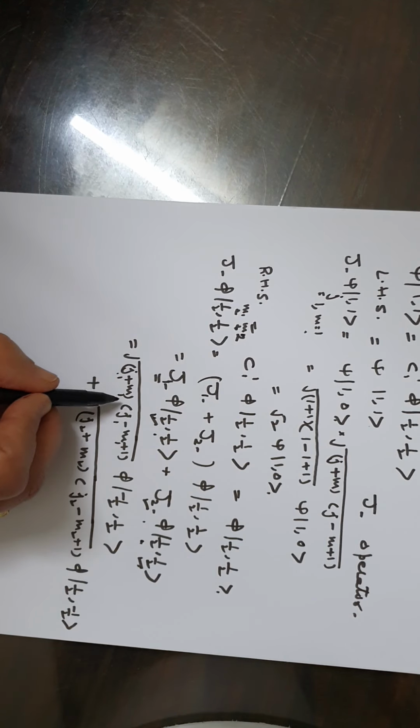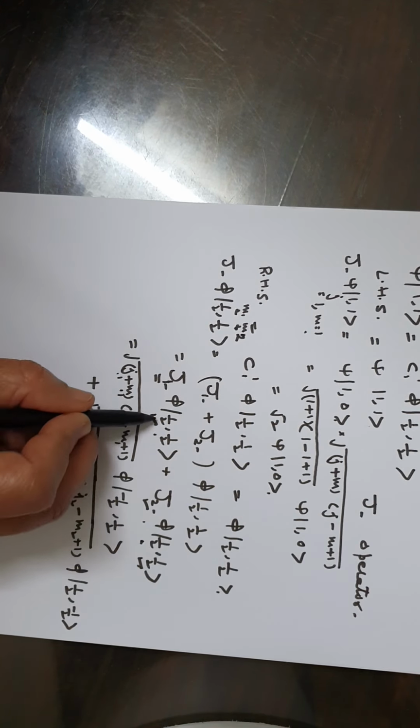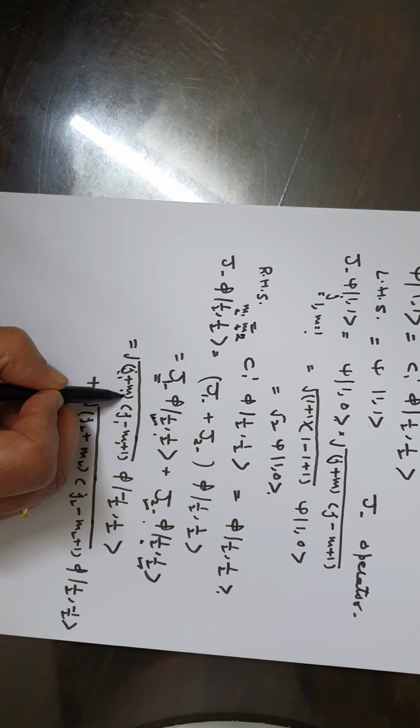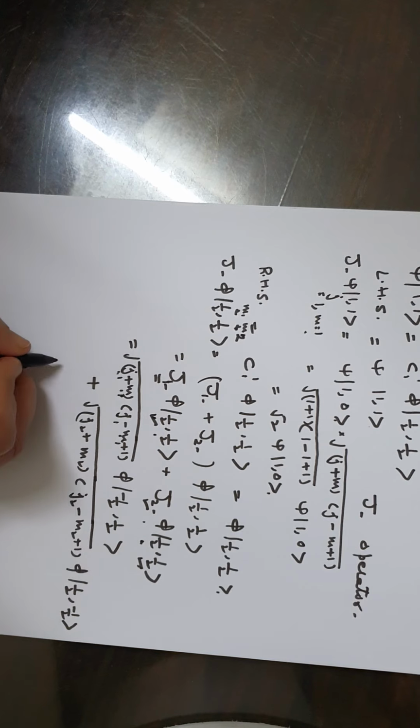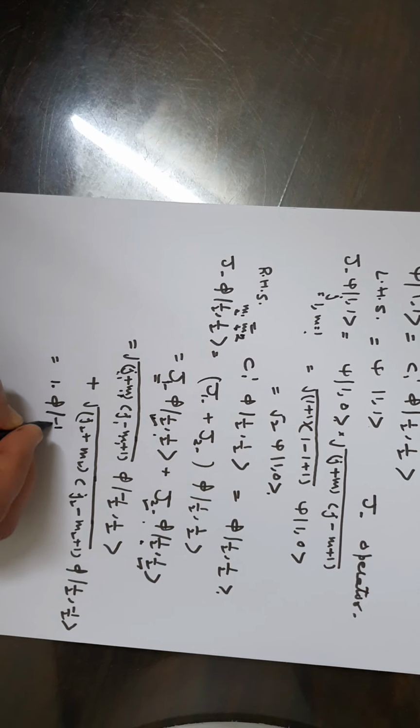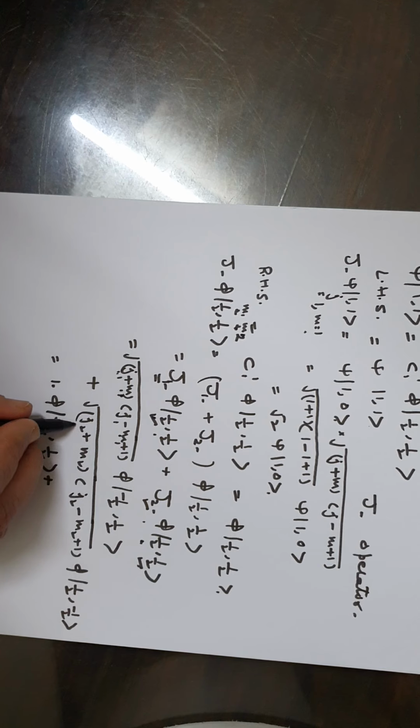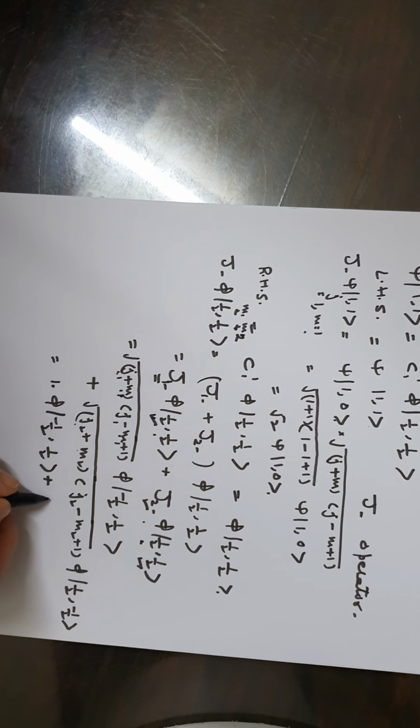Here j1 is 1 by 2 and m1 is 1 by 2. 1 by 2 plus 1 by 2 is 1, 1 by 2 minus 1 by 2 will get cancelled. So I will have 1 into phi minus 1 by 2, 1 by 2, plus 1 by 2 plus 1 by 2, once again 1 into phi 1 by 2 and minus 1 by 2.